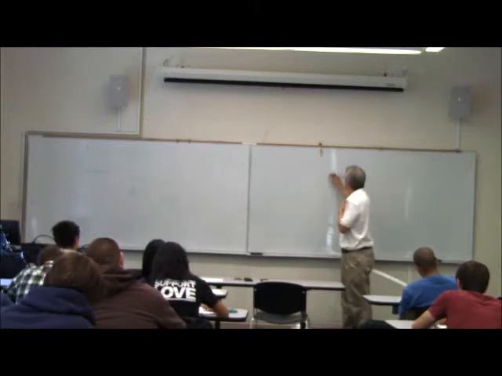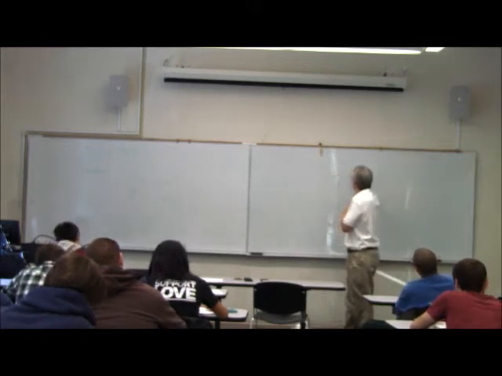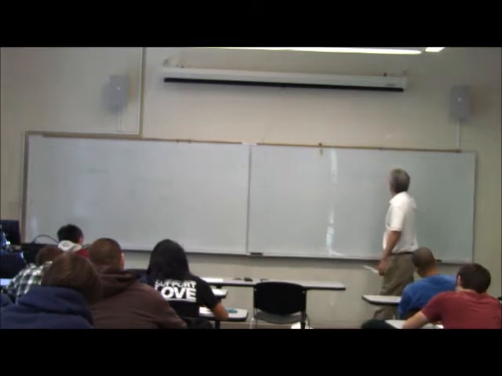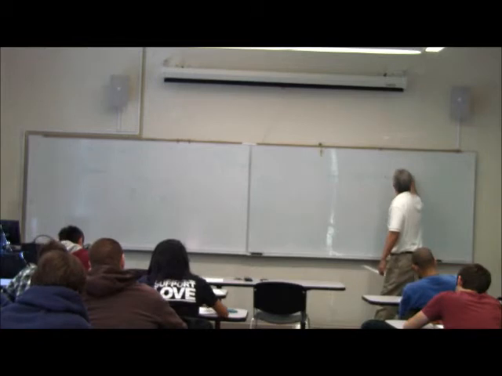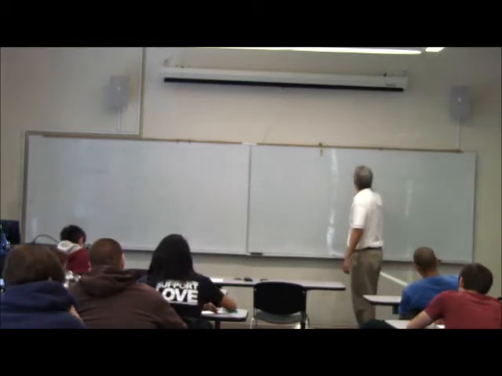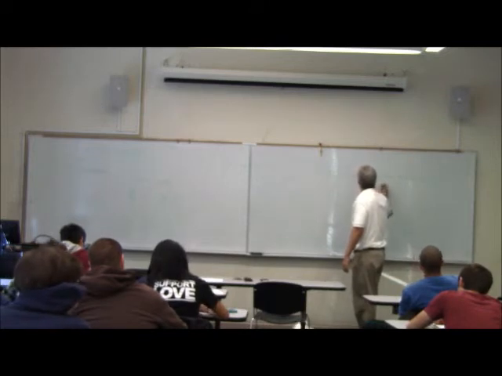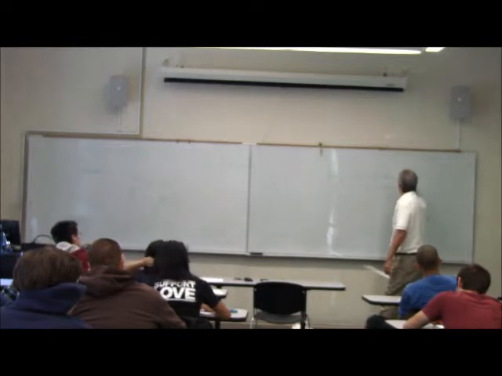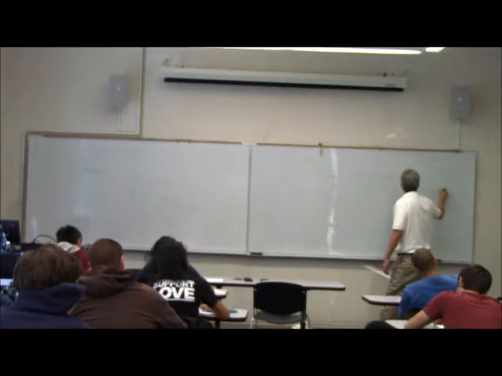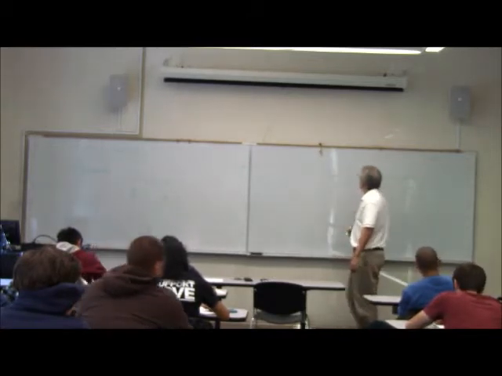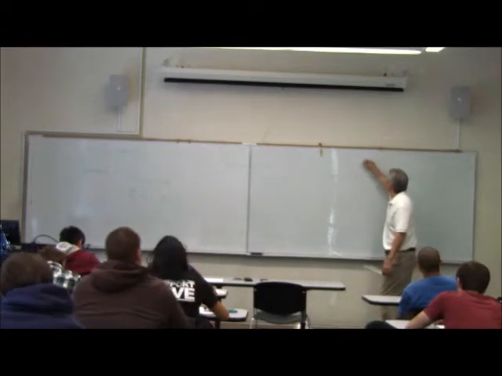So the goal is to find x of t that minimizes I while satisfying end constraints. Okay, so these are the end constraints. Let's call it star.